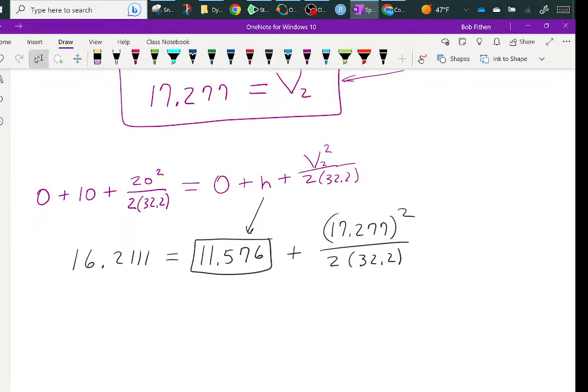Let's see, 17.277, and I've got to square it, divide by 2, and divide by 32.2. I get 4.635 added to 11.576 plus 11.576, and I get 16.211. So in fact, believe it or not, that's the solution.